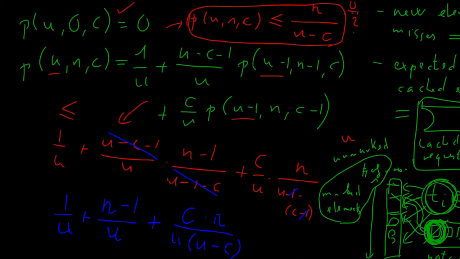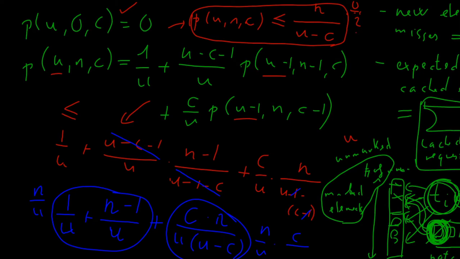Now this is just N over U, and this is just N over U times C over (U minus C).